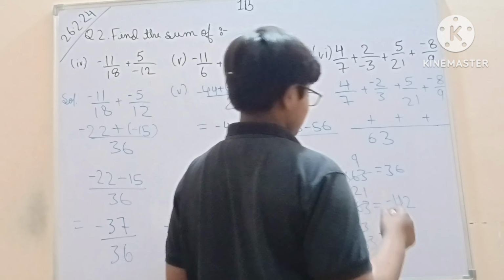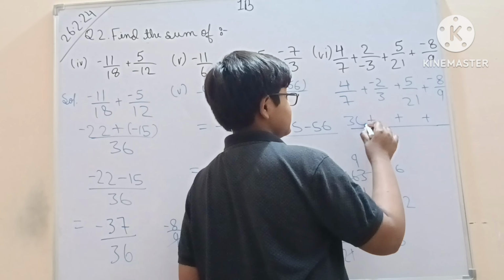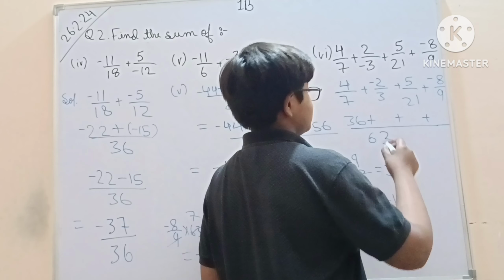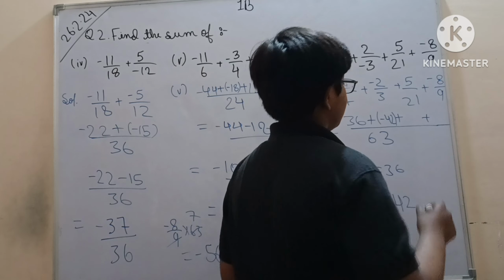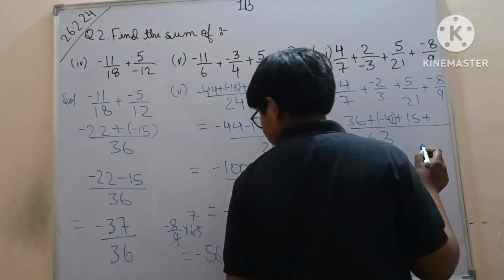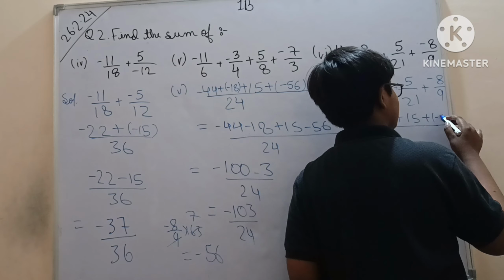So now here we will write 36 plus minus 42 plus 15 plus minus 56.